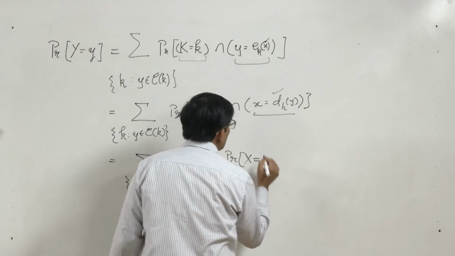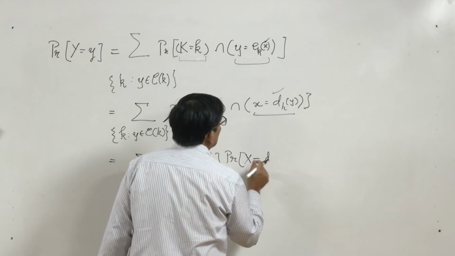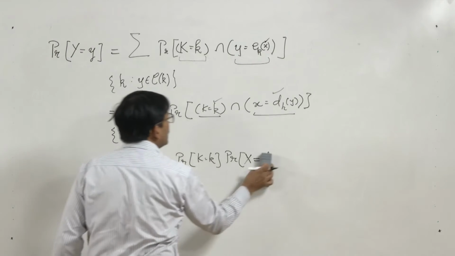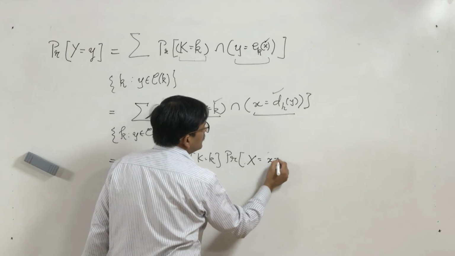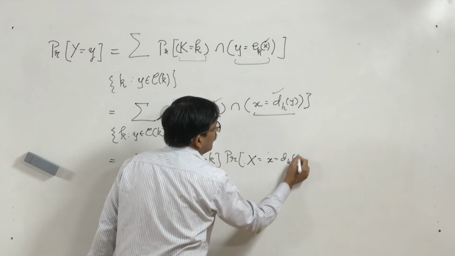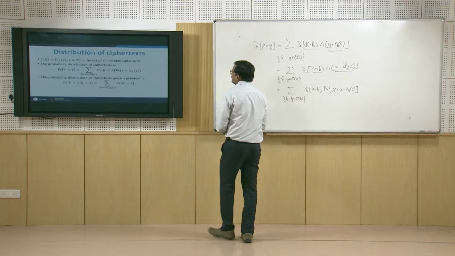In fact, I should write this in this way, that it is capital X equal to small x equal to d_k(y). I should write like this.